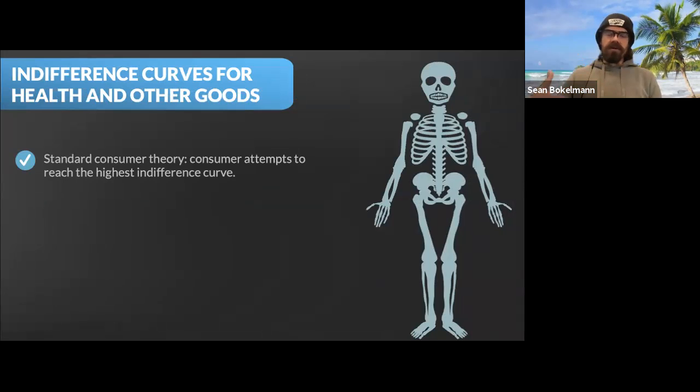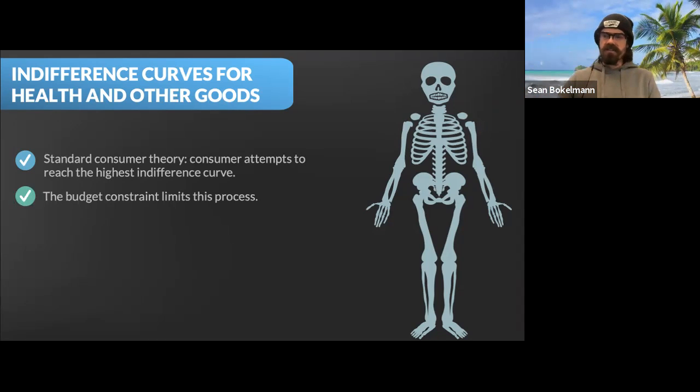What we were doing here is basically taking the usual standard consumer theory approach. We're assuming that consumers are trying to make themselves as best off as possible, or in other words, maximize their utility, or reach the highest indifference curve, because we're going to start our approach by looking at indifference curves. Of course, this process is limited by the consumer's budget or income.